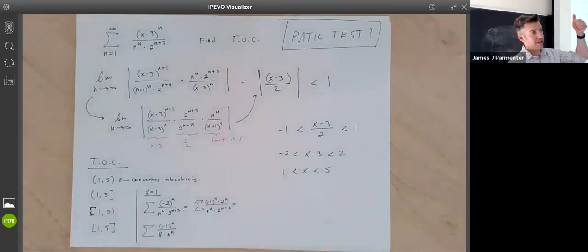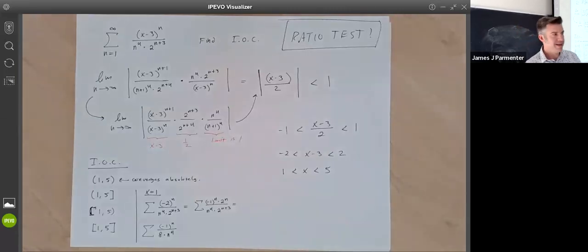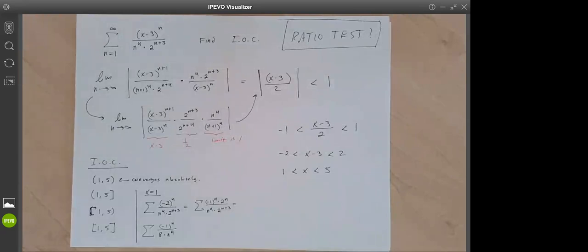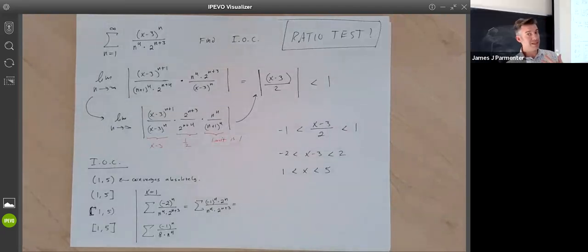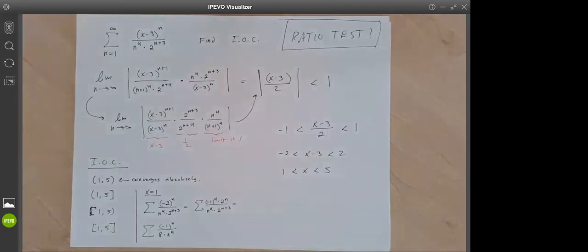Is it convergent? That's not a good question; I already asked it the wrong way. Is it divergent? No. Is it absolutely convergent or conditionally convergent? I heard someone unmute themselves for a second; you're welcome to chime in. Conditionally?